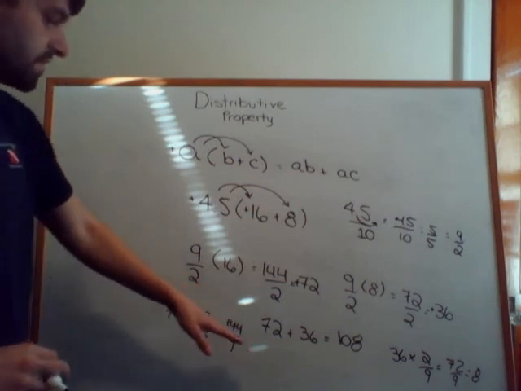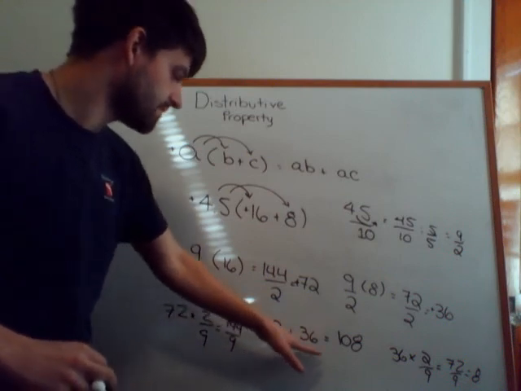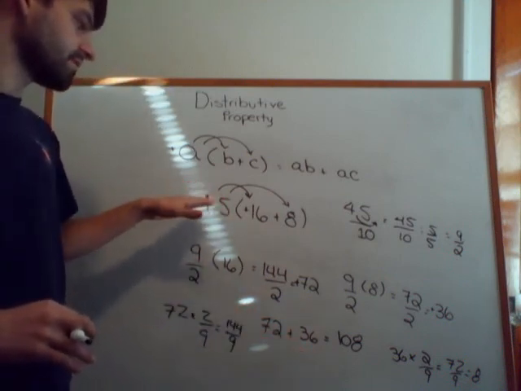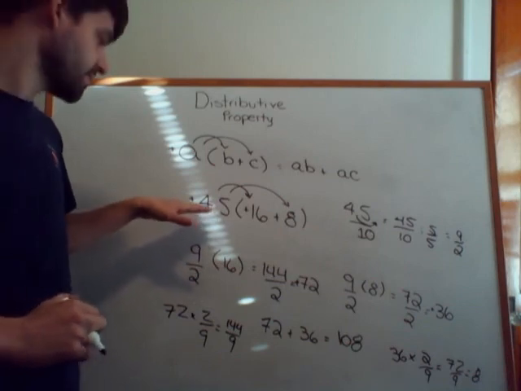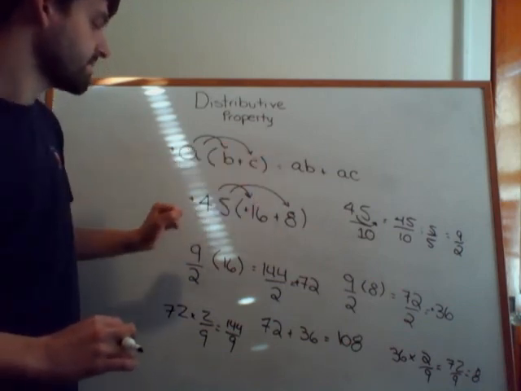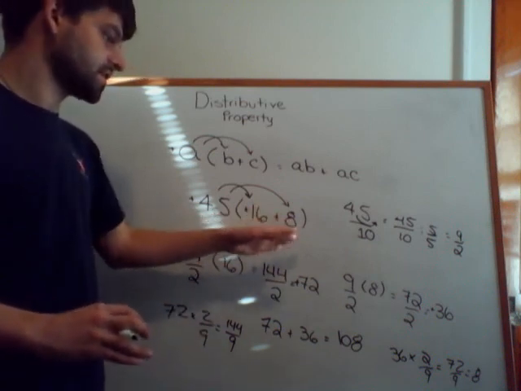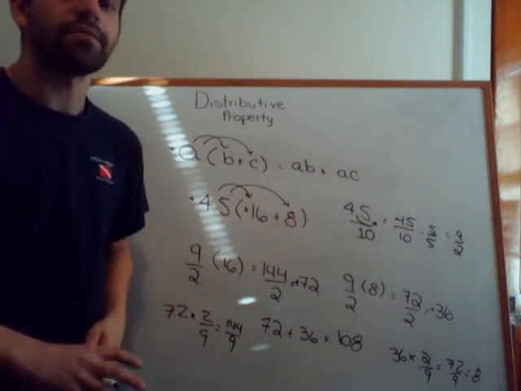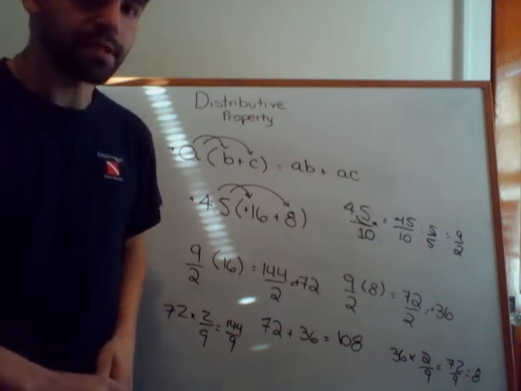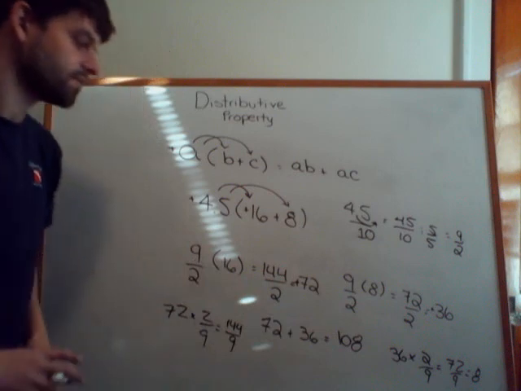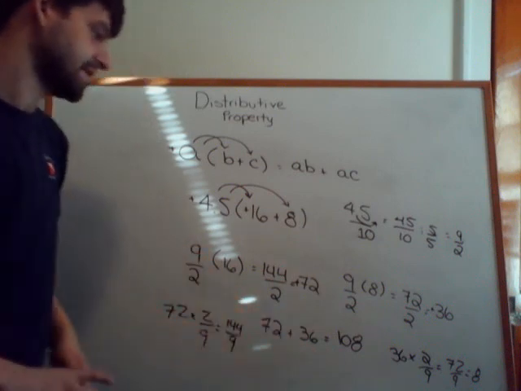What we're basically doing is taking the outcome values, and when we divide by the outside value from the original expression before we distributed, and we get from that division the original values of the terms in the parentheses, then we know we've done the distributive property correctly. Alright? But our answer is going to be 108 after the arithmetic sum is taken.